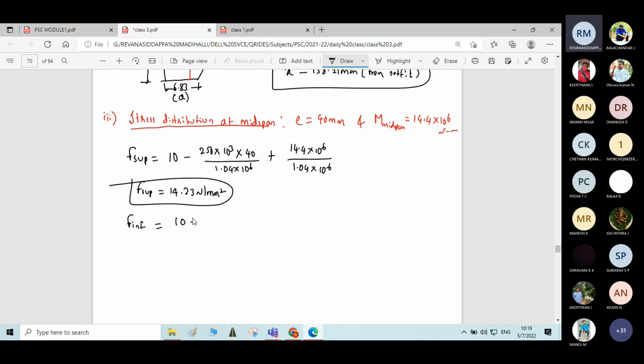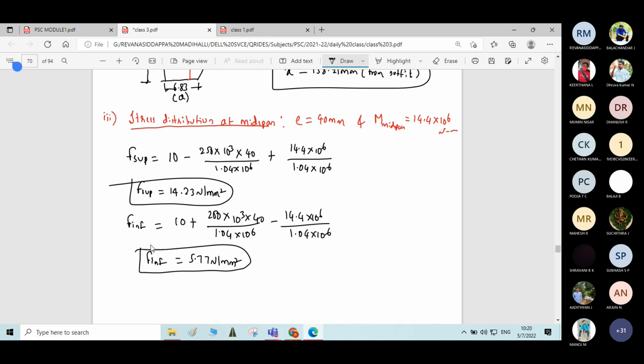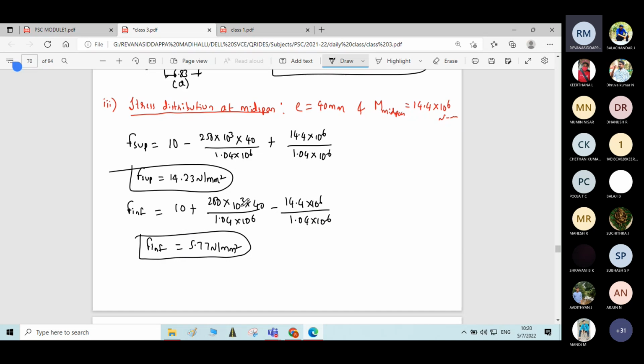That is 10 plus 250 into 10 power 3 into 40 divided by 1.04 into 10 power 6, minus 14.4 into 10 power 6 divided by 1.04 into 10 power 6. By this, you will get F inferior as 5.77 Newton per mm square.